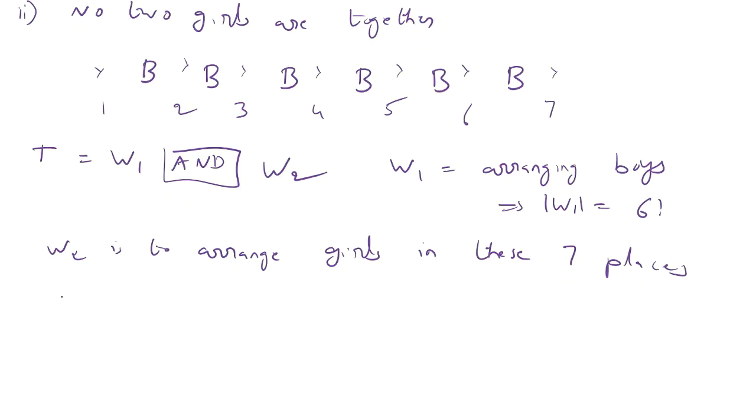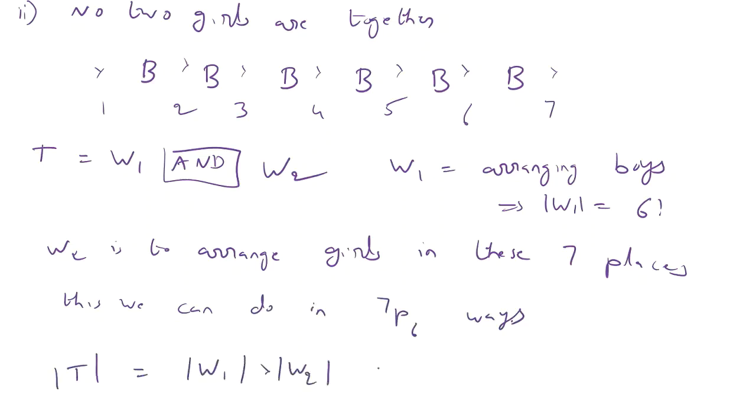This we can do in 7P6 ways. Therefore, the total number of ways of completing the task is the number of ways of doing W1 times the number of ways of doing W2, which is equal to 6 factorial times 7P6. So these are the total number of arrangements in which no two girls are together.